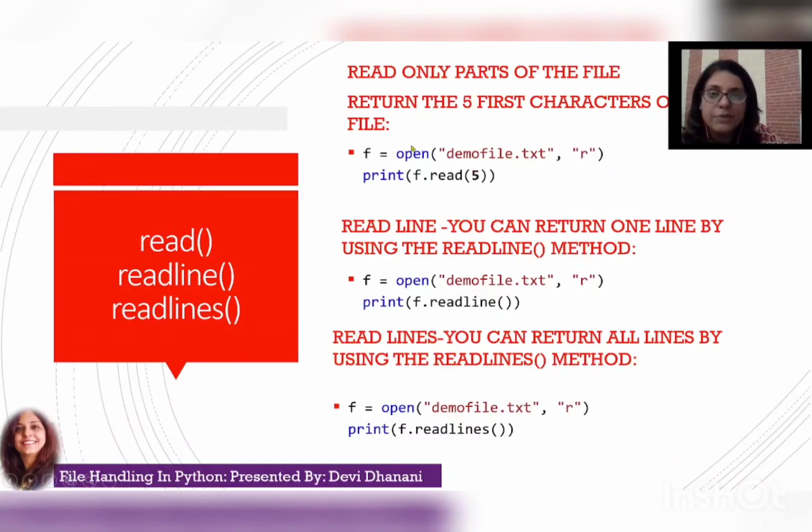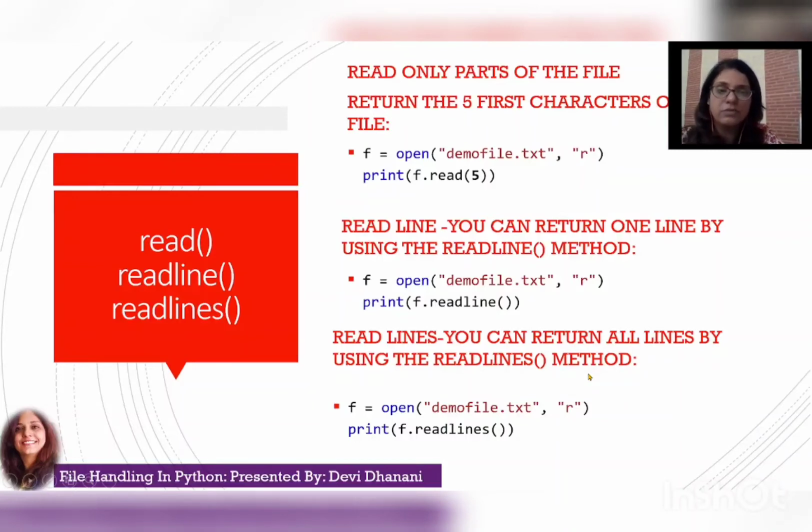For example, if I write f.read(5) over here, it will return the first 5 characters of the file. With the help of readline, you can return one line; only one line from the content will be displayed. In case you want to display the entire content in the form of lines, you can use the readlines method. So these are the three methods.